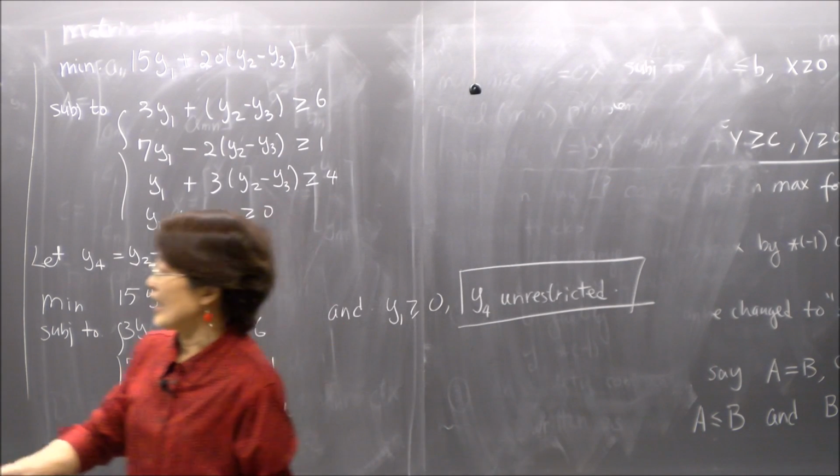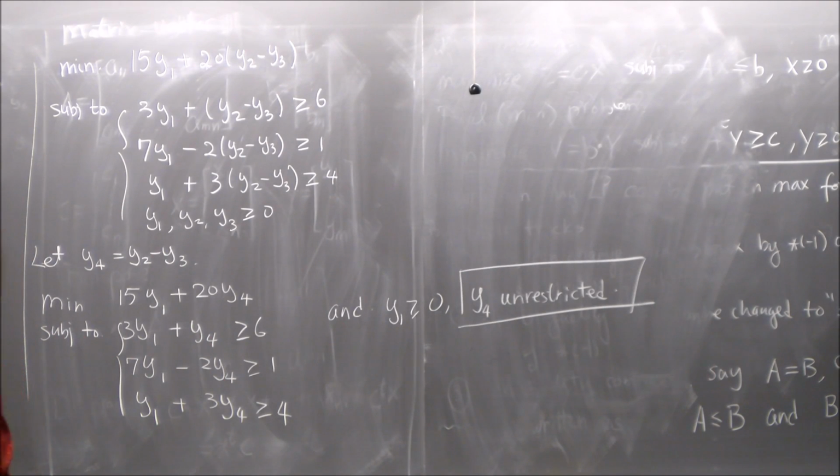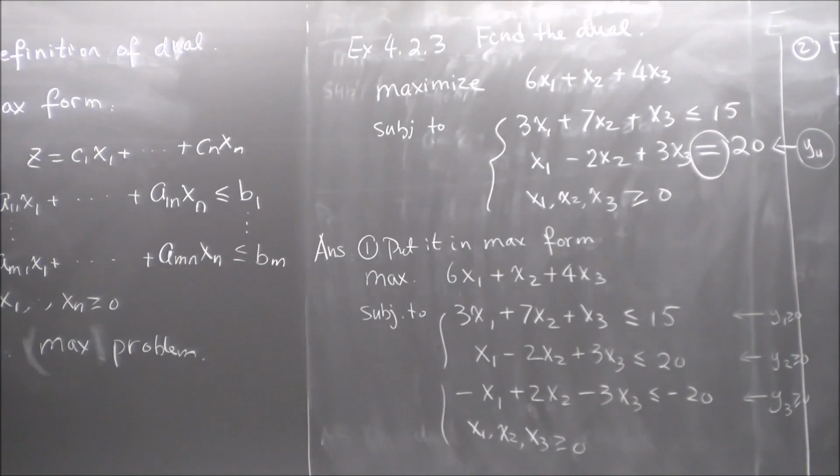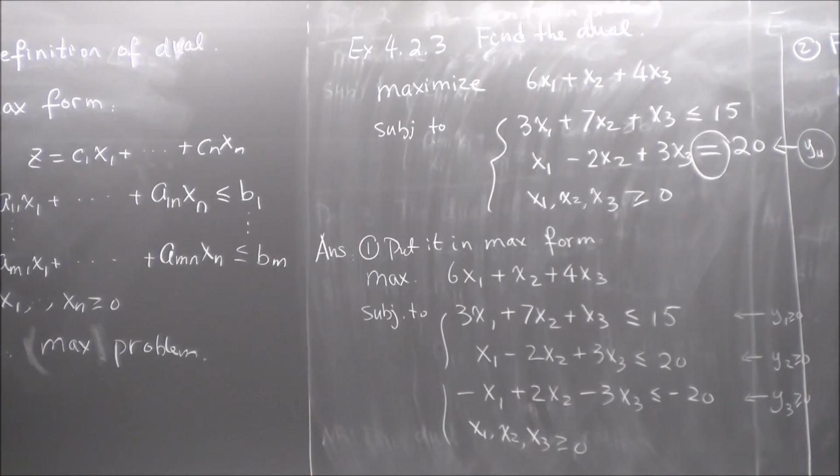Actually y2 and y3 have only one effect. So you can think y4 comes from this constraint, and because you have an equal sign, as a consequence, y4 is unrestricted. Is that clear? Is that okay?